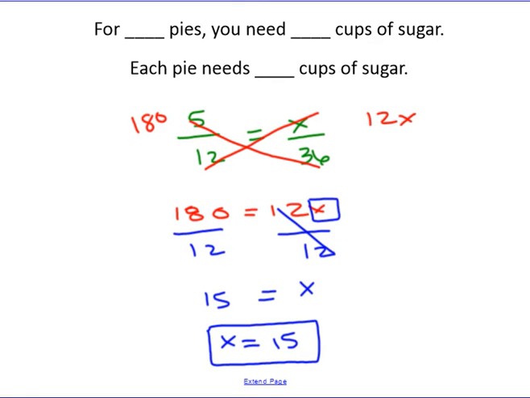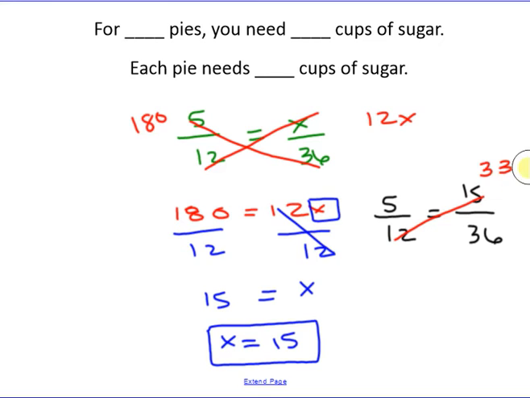Okay, but let's check our answer. 5 over 12 equals 15 over 36. 12 times 15 is 330. Oops, I typed that in wrong. I'm sorry.